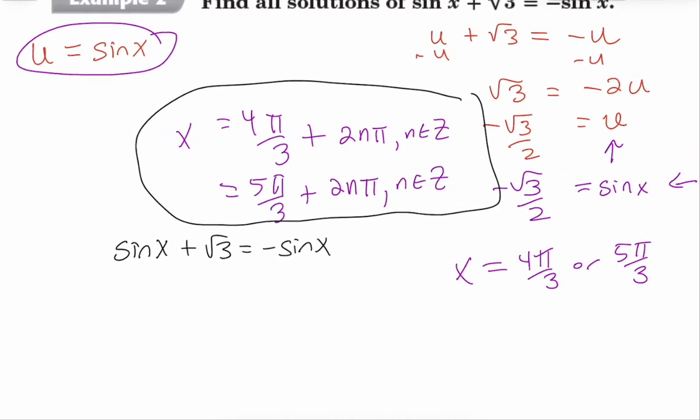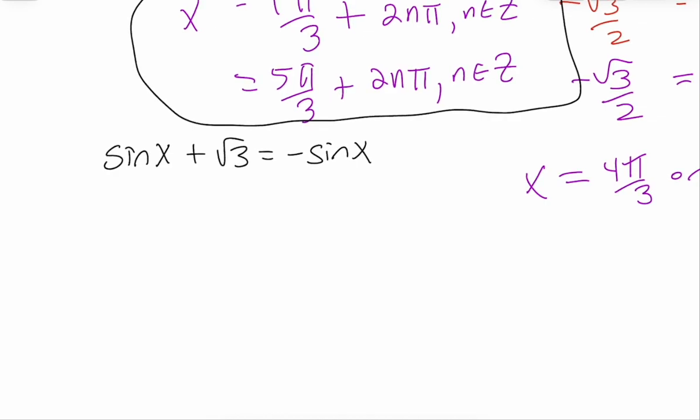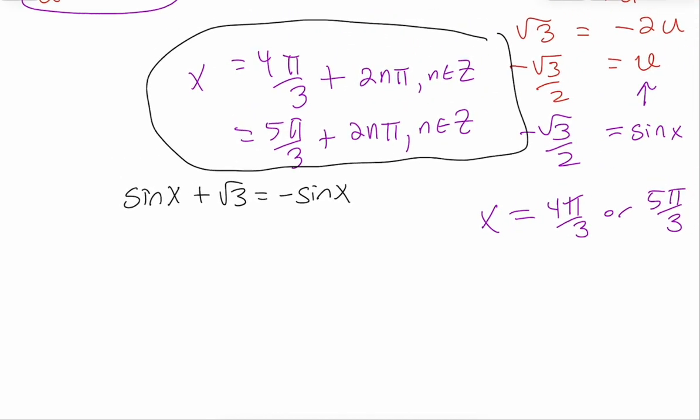So let's rewrite the problem, and let's do the problem directly. If I subtract a sine from both sides, I get -2 sine of x. I need that sine of x completely alone, so I have to divide by -2. See how you end up at the same exact spot.